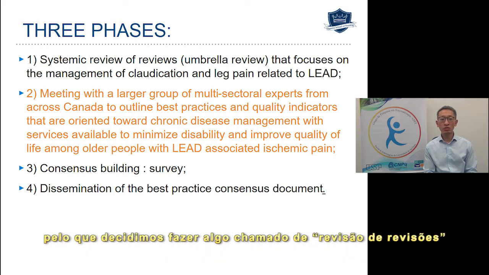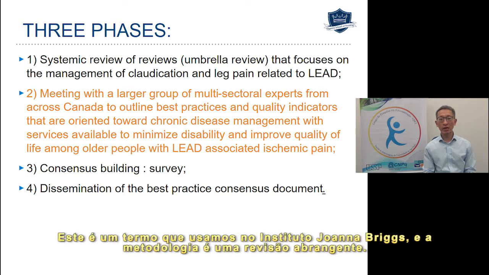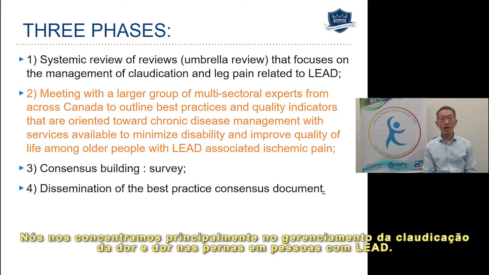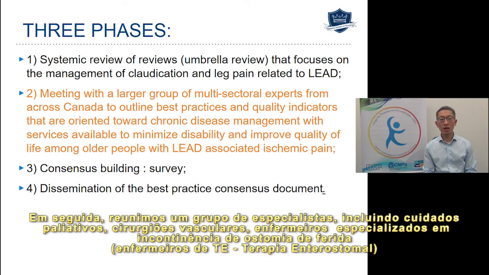So we decided to do something called a review of reviews. The other term we use in the Joanna Briggs Institute methodology is umbrella review. And we focus primarily on the management of pain, claudication, and leg pain in people with lower extremity arterial disease.